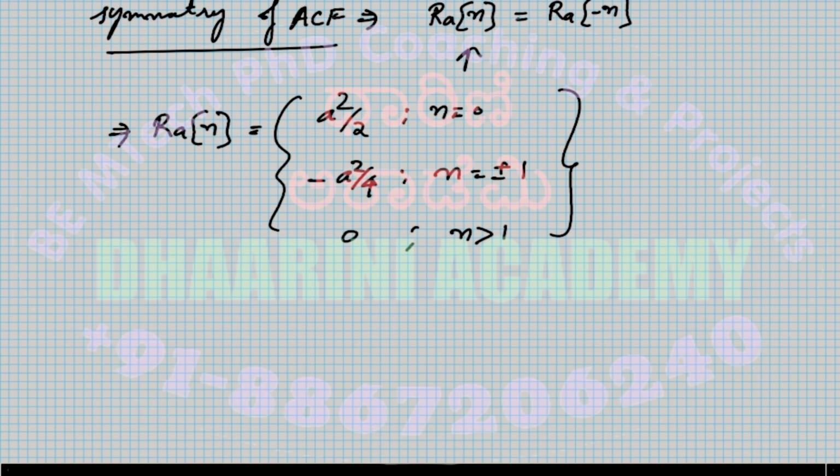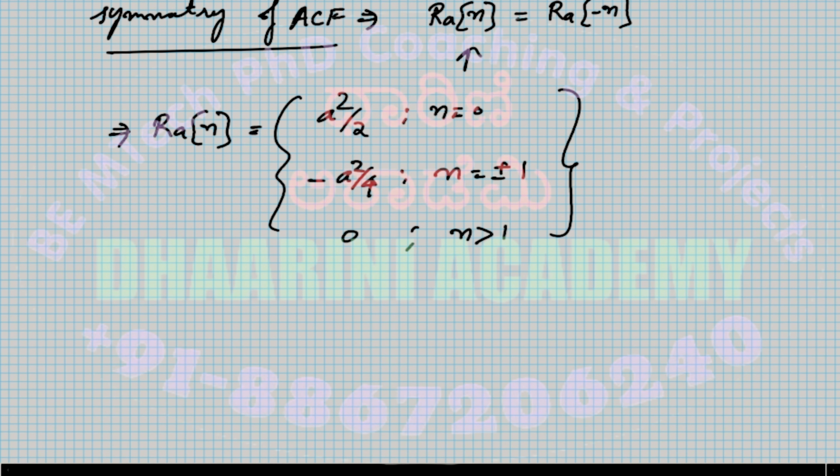So V of t is equal to, once again, we'll write the same thing, rect of t by Tb. So that means it's going to show you a Fourier representation that is given by V of f. So this V of f is nothing but Tb into sinc function of f into Tb.